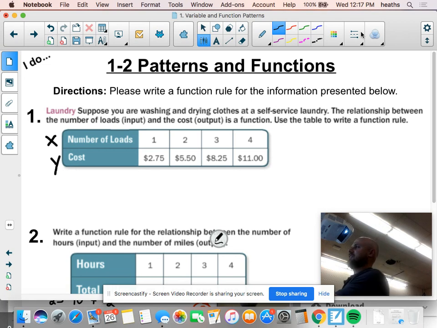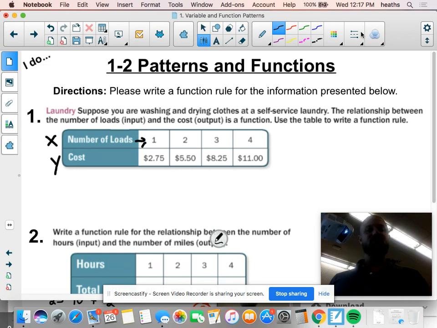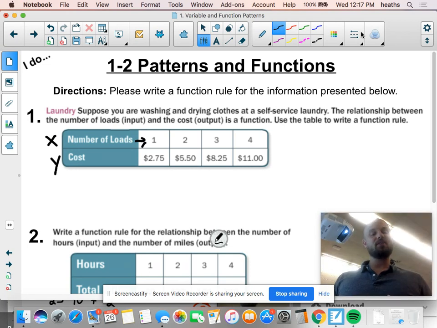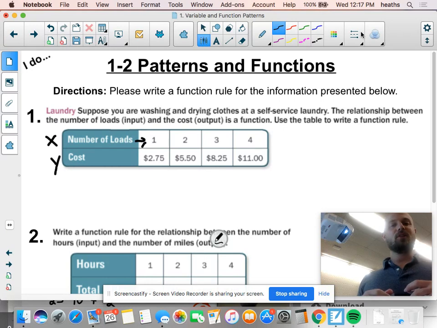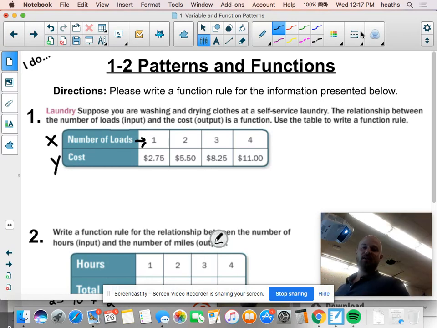Okay, so let's look at the number of loads. And this just goes up 1, 2, 3, 4, giving us the number of loads that you do. That's pretty self-explanatory. I don't think I need to get into that too much. But let's look at the Y. Okay, so if you do 1 load of laundry, it is $2.75. Okay, if you do 2 loads, it jumps up to $5.50. Okay, the next load, if you did a 3rd load, it would be $8.25.